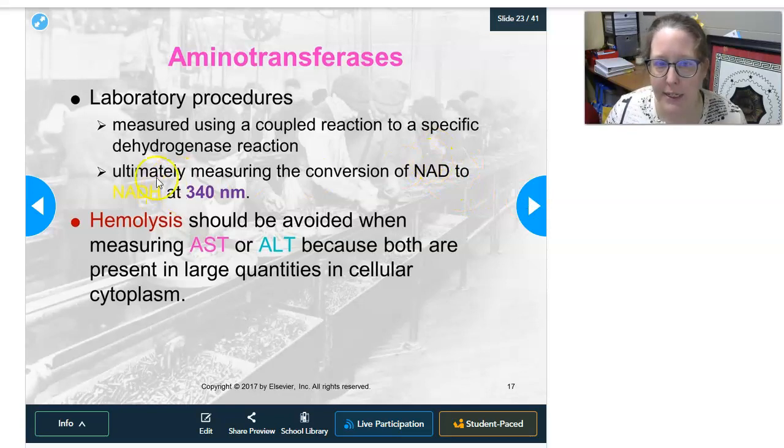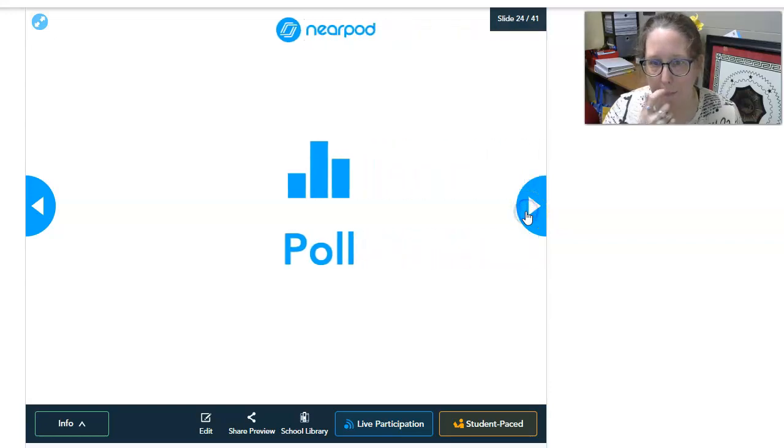NAD is colorless, NADH is yellow, and you use a violet wavelength to measure yellow because they're opposites on the color spectrum. Hemolysis generally should be avoided when measuring AST or ALT because both are present in large quantities in your cellular cytoplasm. At this point in time, I don't need you to memorize what these reactions are. We're going to go over them in the lab. I also have a more detailed video on these where you can find that information.